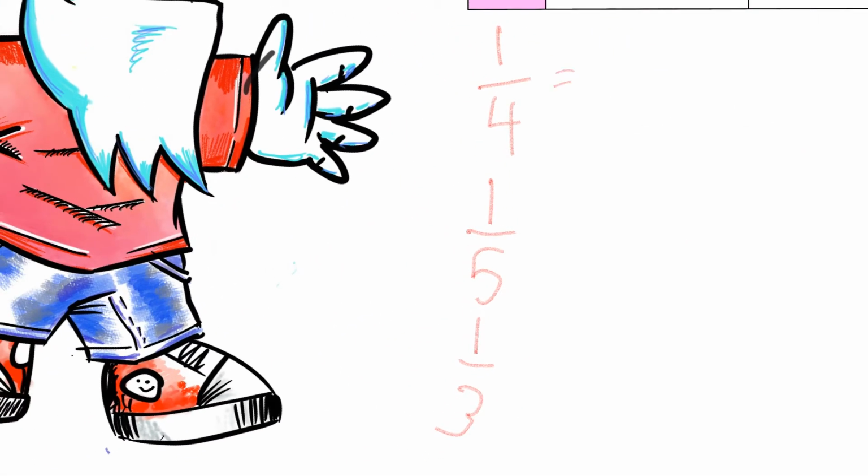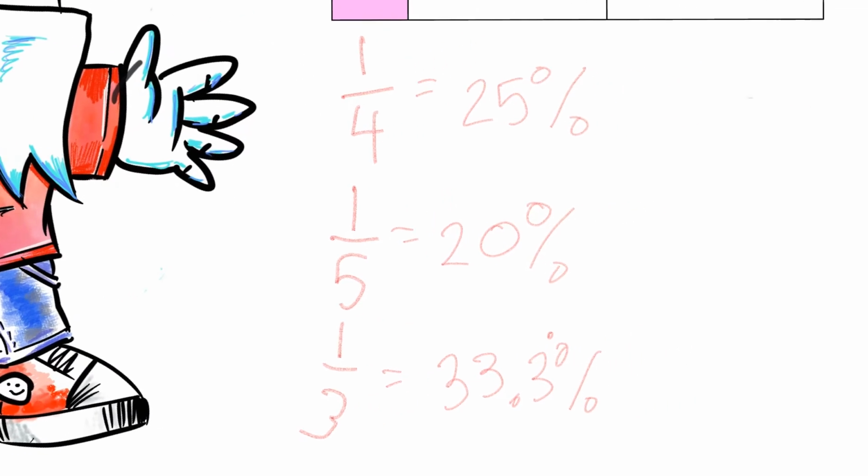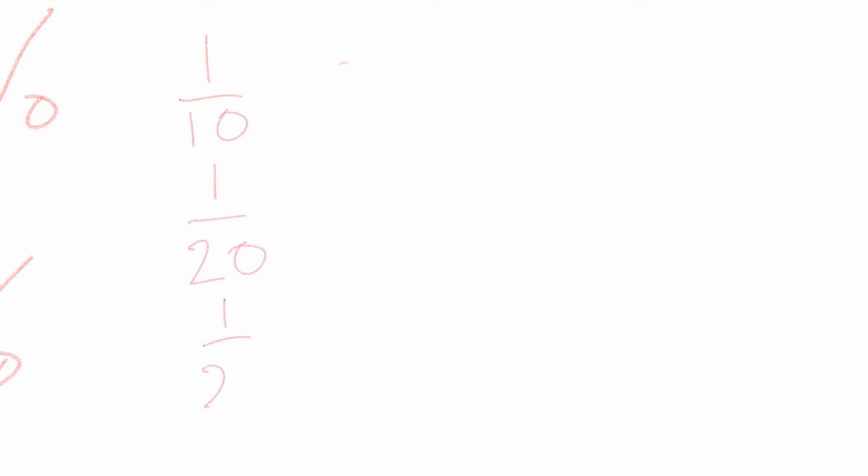And 1/4, as we said, is 25%, 1/5 is 20%, and 1/3 would be 33 and a third of a percent recurring. Now, some other common fractions would be 1/10, 1/20th, and 1/25th.